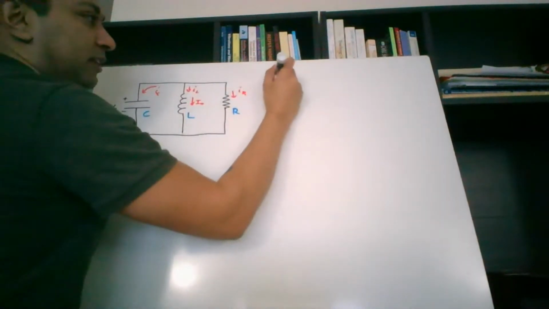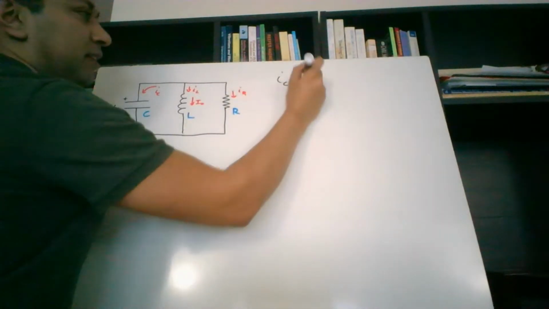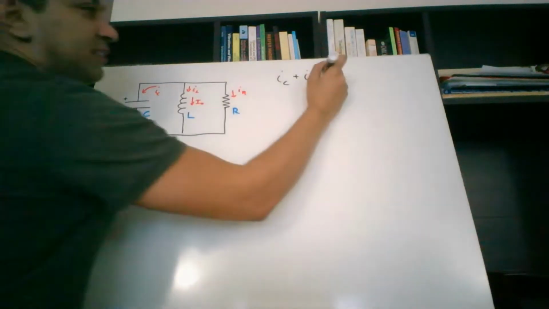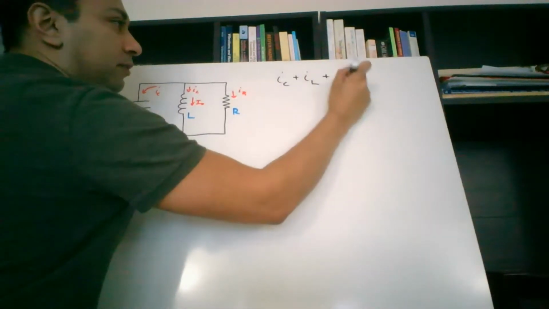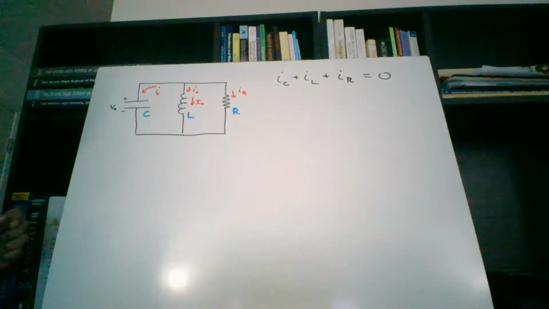So we have the current through the capacitor plus the current through the inductor, L, plus the current through the resistor, and all of that is going to equal 0.